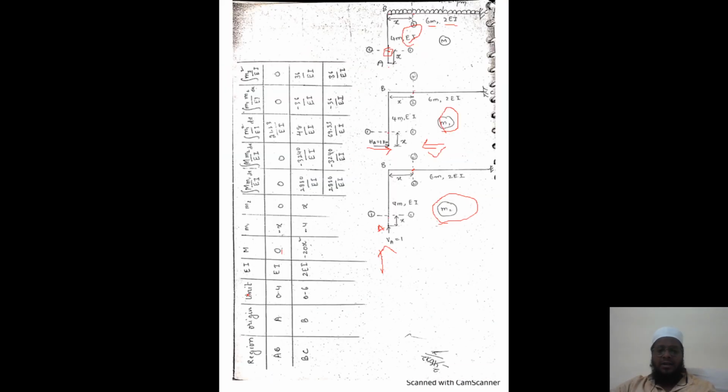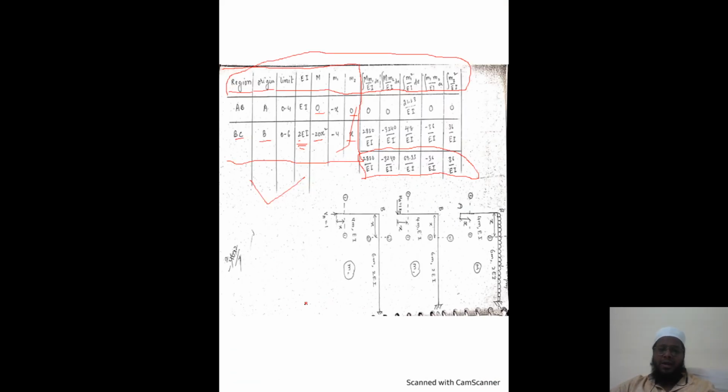Always remember, whatever the static indeterminacy of the structure is, that is the size of the flexibility matrix. Here the indeterminacy is 2, so the size of the flexibility matrix will be 2 by 2. If the static indeterminacy is 3, then the size of the flexibility matrix will be 3 by 3. So very importantly, we have to take care of these values.